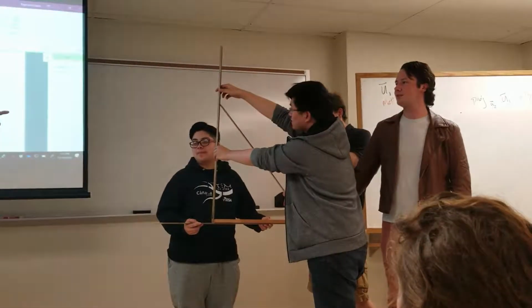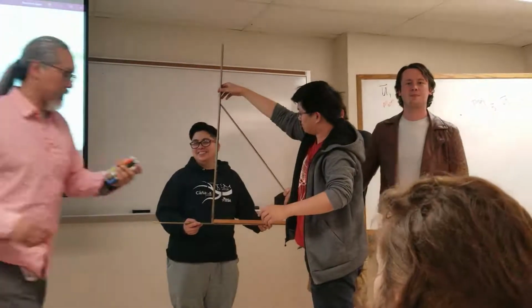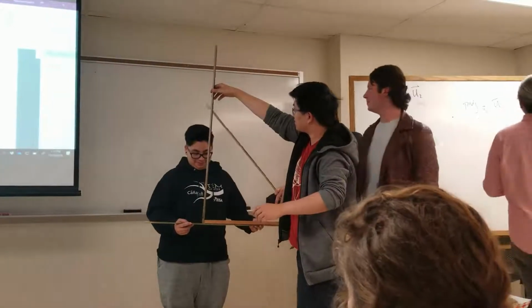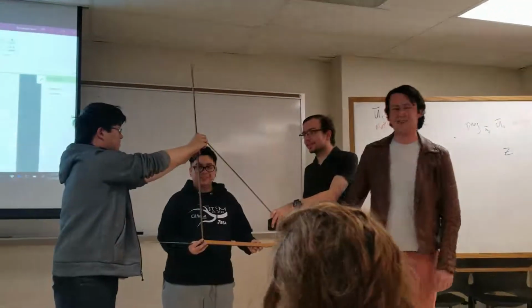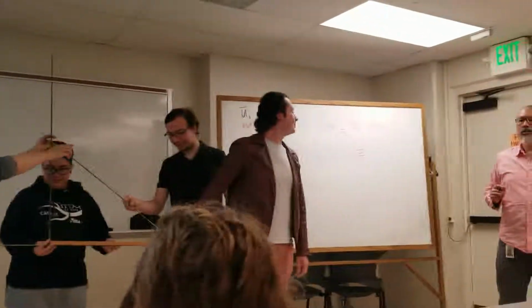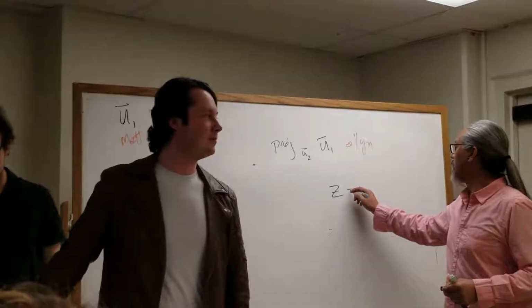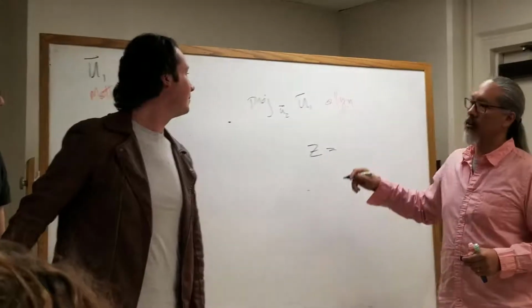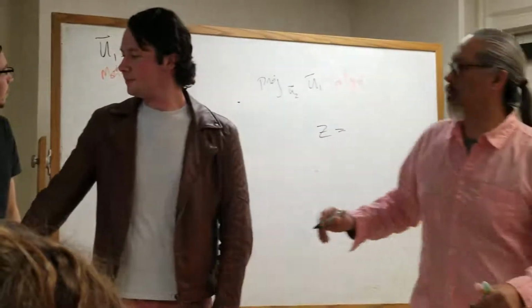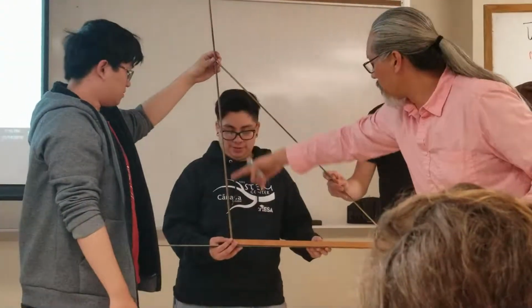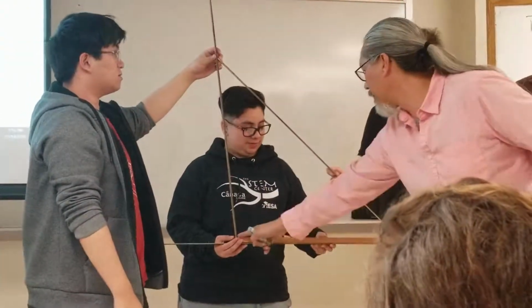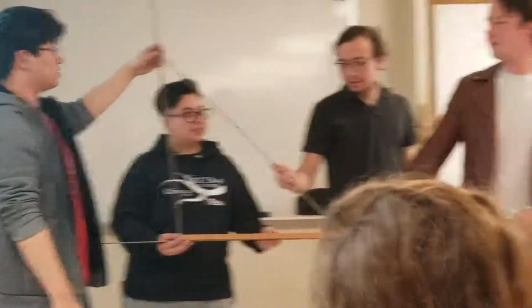You guys understand what he's doing? So this is now what we call the vector Z, right? What is Z? Z is equal to, it goes from here to here. So it's U1 minus the projection.